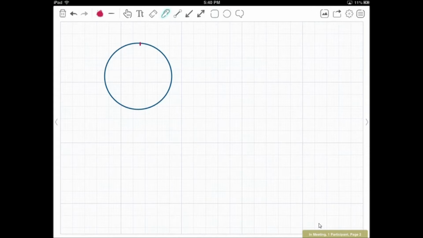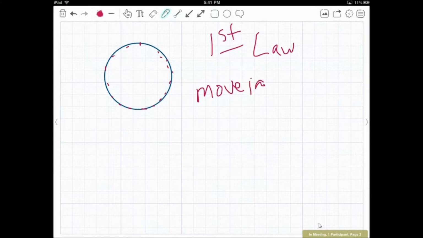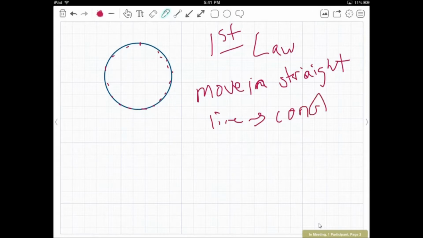Because if we know Newton's laws, we know that according to his first law, objects tend to move in a straight line at a constant velocity, unless a force acts on that object.